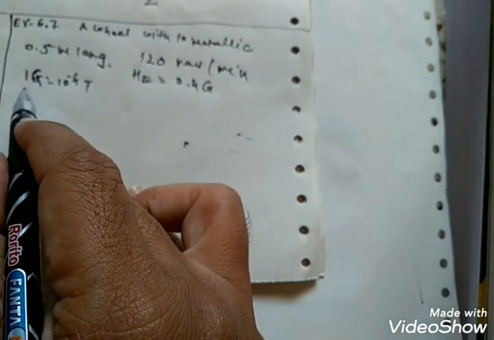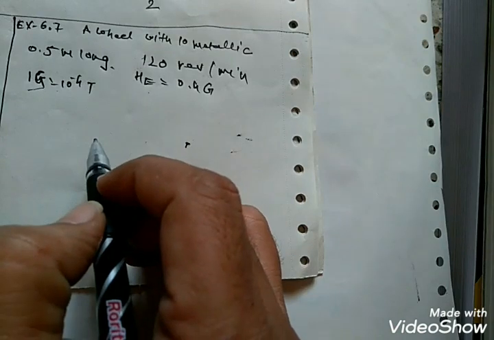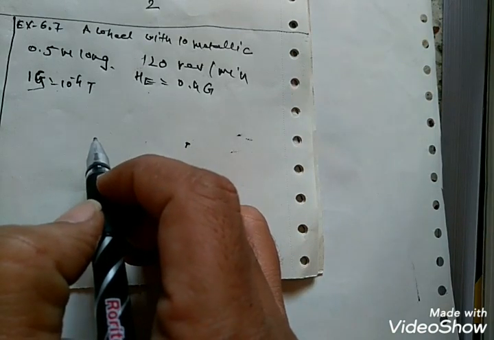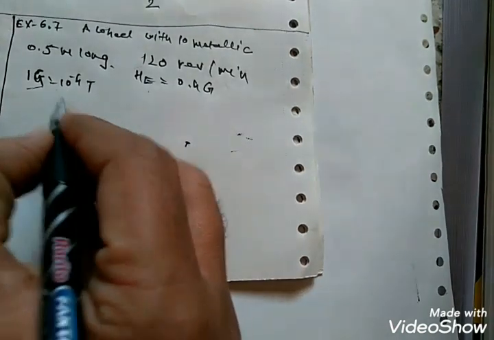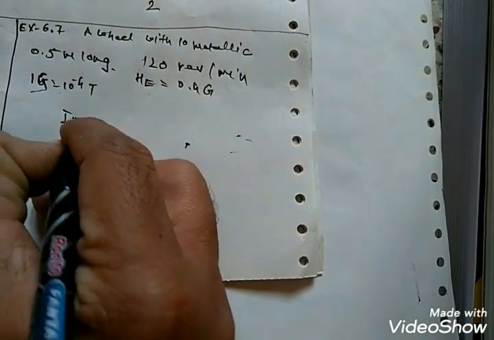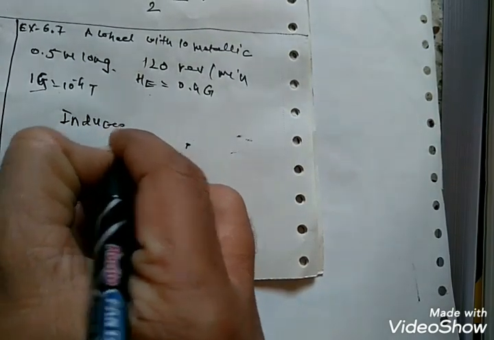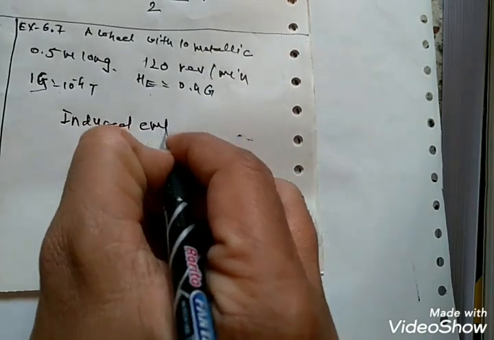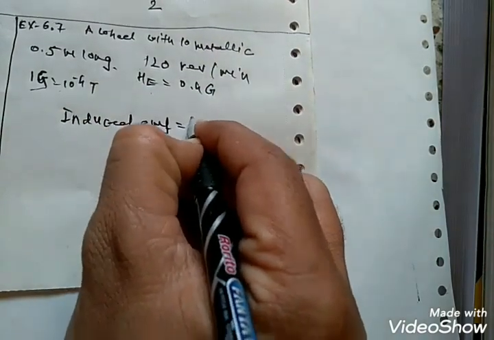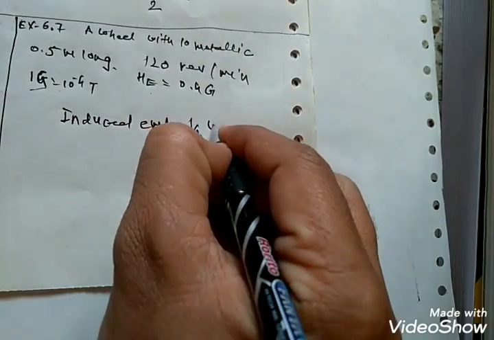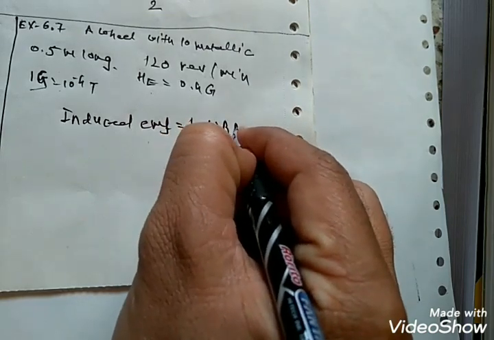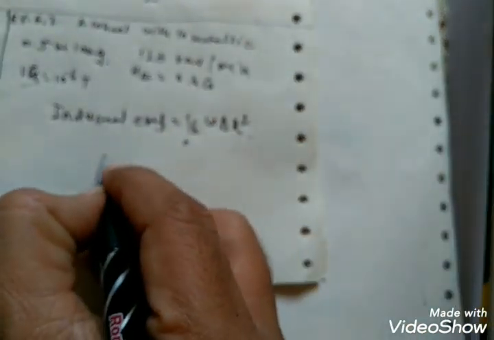Here note that 1 gauss is equal to 10 raised to minus 4 tesla. So now the induced EMF is equal to 1 by 2 omega B r square.